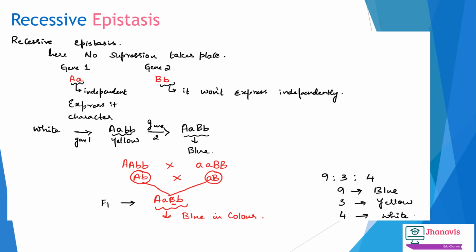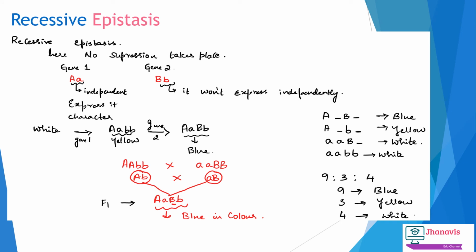9:3:4. And one thing you have to remember, these are some keywords which you have to remember when you are going through genetics. Always remember, in the recessive epistasis, if both capital A and capital B are present, then it always exhibits a blue color characteristic, because here the capital B is dominating over the capital A and thus showing the character of the B gene.